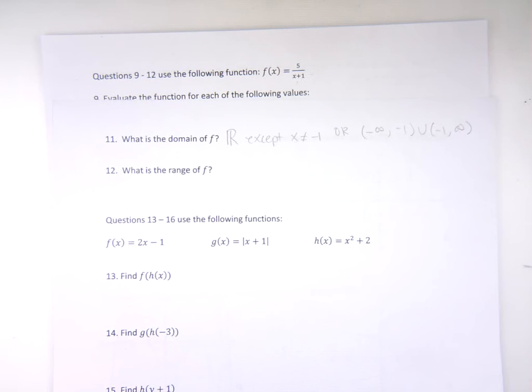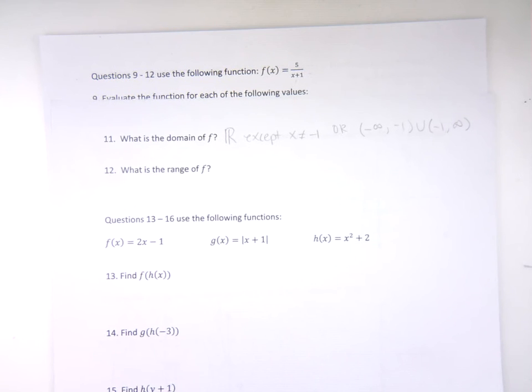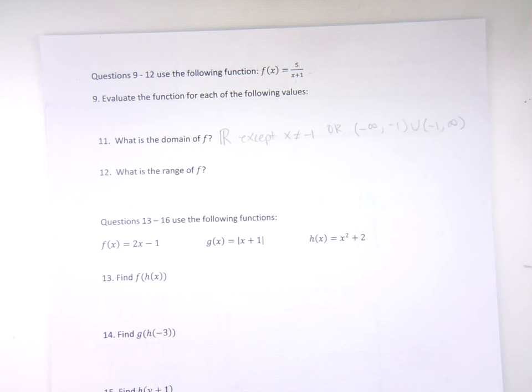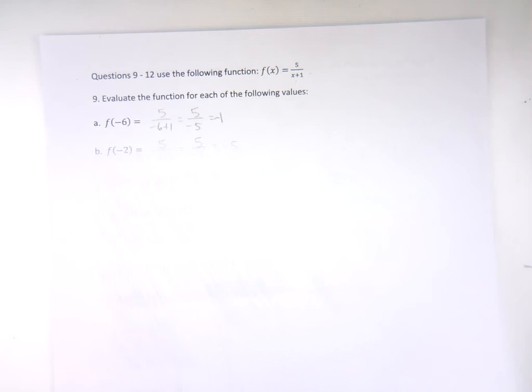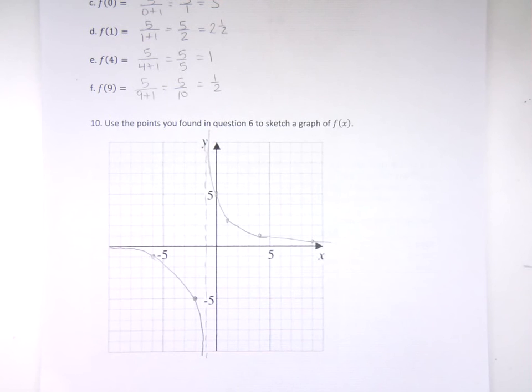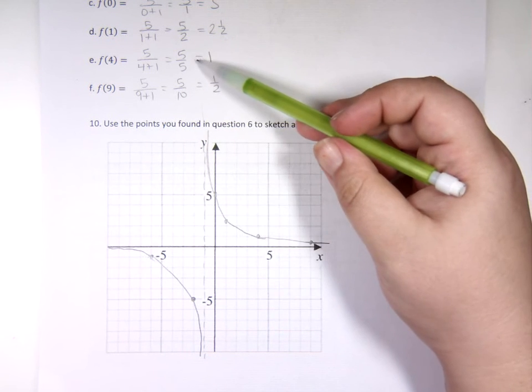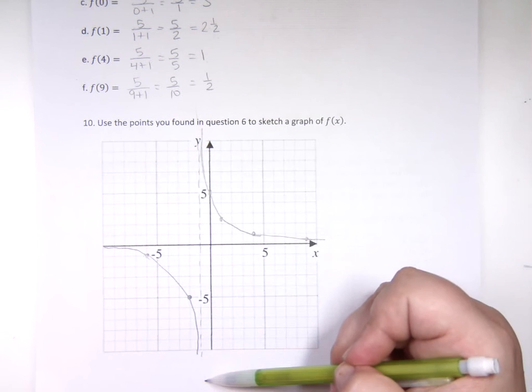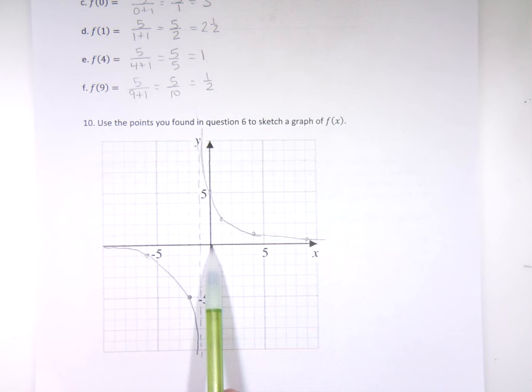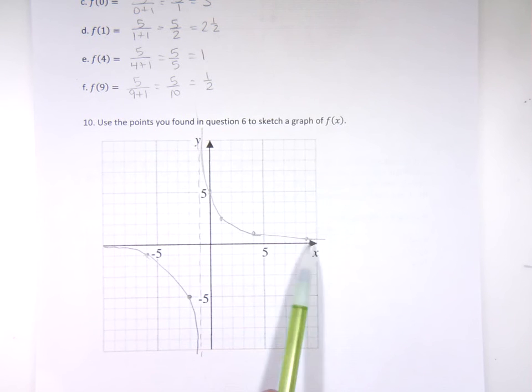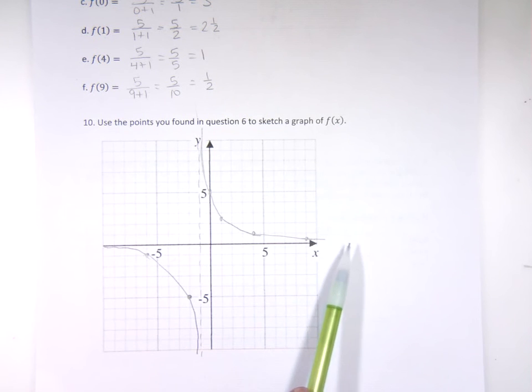What is the range of f? Well, again, remember the range is all the y values. So if we go back to our graph, our y values stretch up to positive infinity, and they stretch down to negative infinity. The only y value that doesn't ever get used is y equals 0, because the graph is going to get really close to the x-axis, but it's never going to actually touch the x-axis.